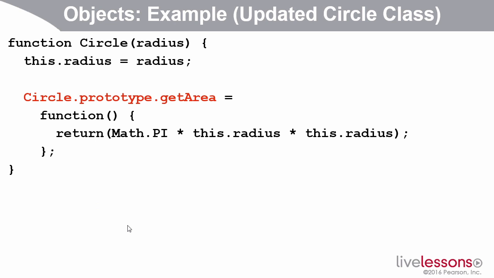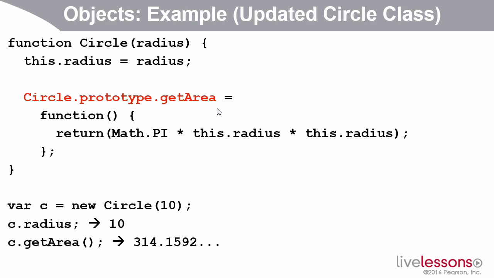So instead, you should define getArea as a class level property, something that belongs to the circle class, so that if you make an instance with new and you look up the radius and you calculate the area, the behavior is exactly the same for functions. Now, for regular fields that could change, if you attach them to the class, you change it in one object, all the other objects see the change.